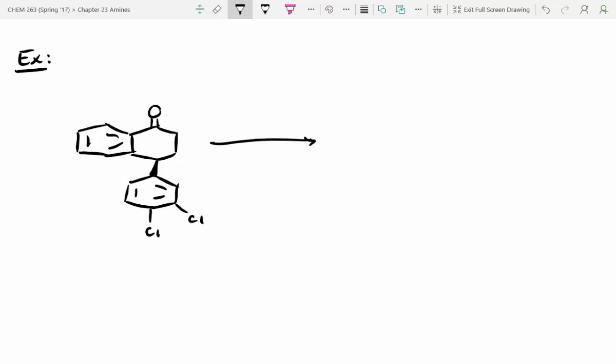And I'm going to treat this with methylamine. What product do you think we're going to get out? Is it going to be primary amine, secondary amine, tertiary amine?